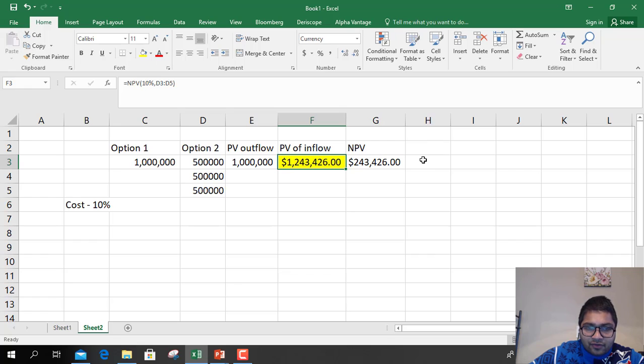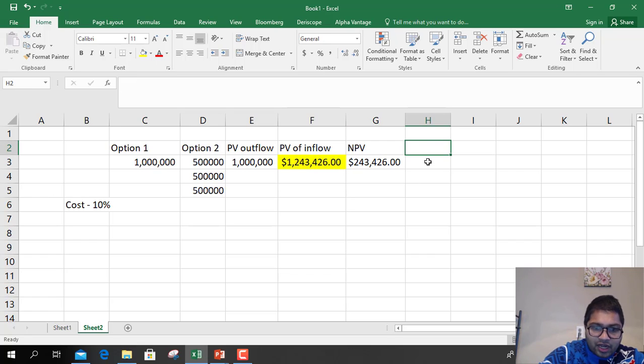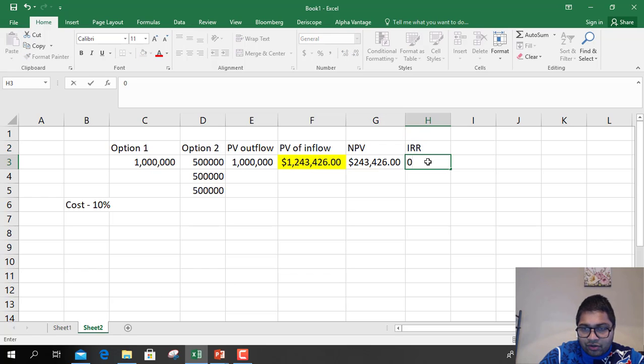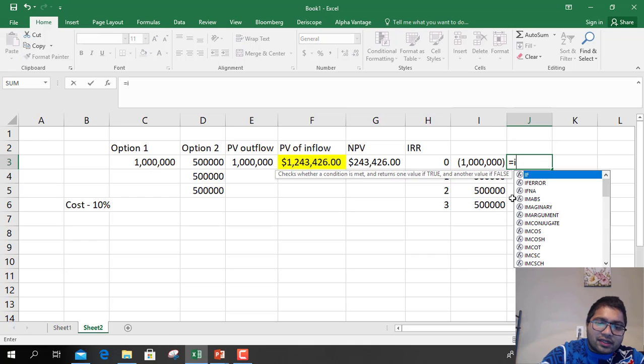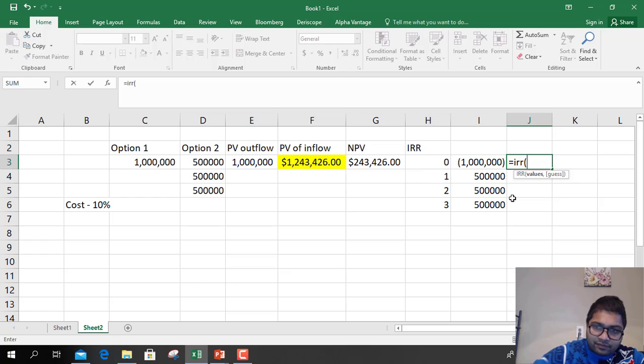Let's calculate IRR for it. Now for IRR, we need to combine these cash flows. So time 0, 1, 2 and 3. It is 1 million here and cash flows are 500,000 each year. Okay. Then we calculate IRR.